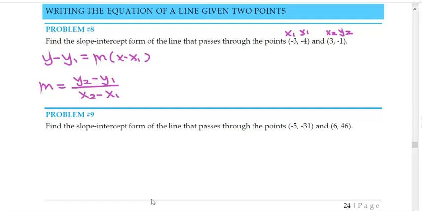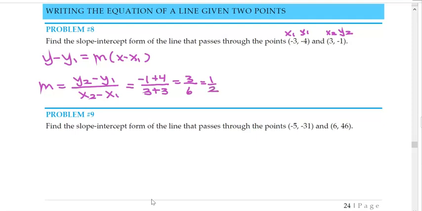So let's start with finding that slope. If we do this, we have -1 minus a -4, so it's really going to be plus 4, and then over 3 minus a -3, which means we're going to have plus 3. So -1 plus 4 is going to be 3, and then 3 plus 3 is 6, and that will reduce to 1/2.